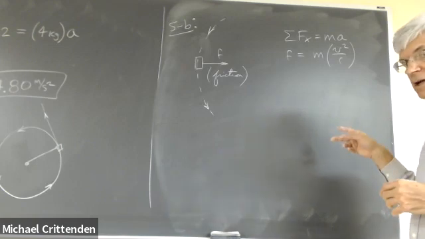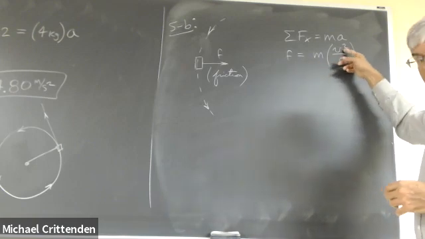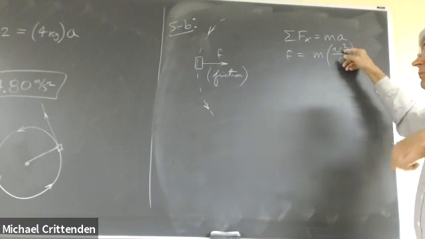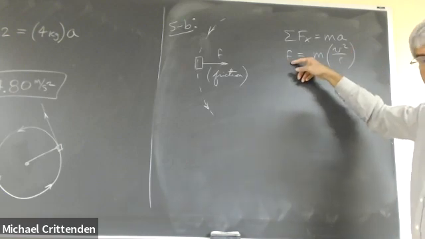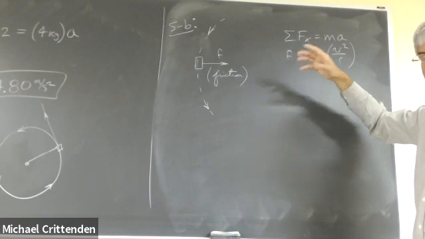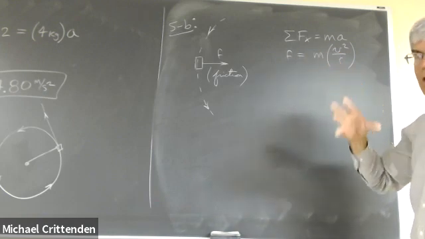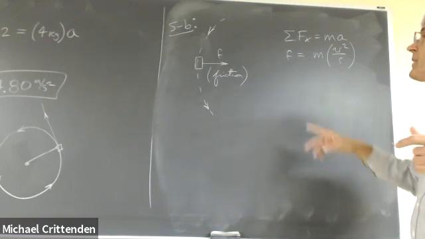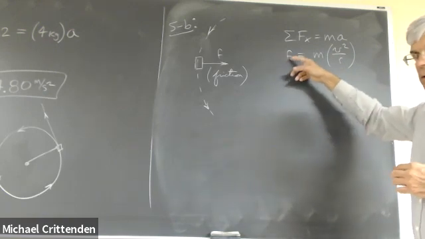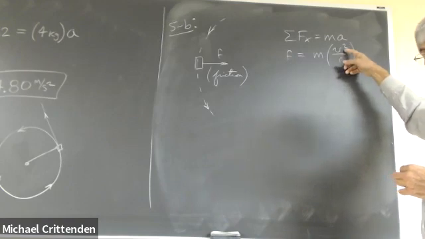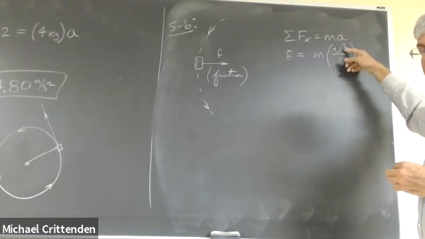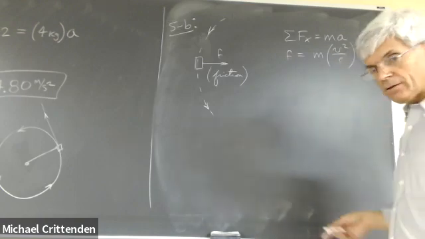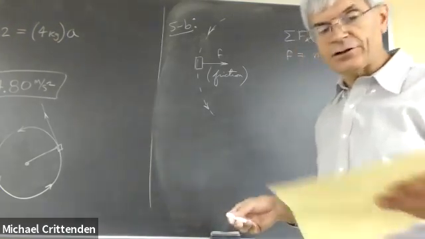That's what friction provides. Well, we obviously can't go on like this forever. You can't keep saying, well, at an even higher speed, it'll provide an even higher force. There's a limit to that. There's a certain maximum force that static friction can provide, and that maximum force would correspond to the maximum speed that you can drive around this curve without skidding, because if you're skidding, that's kinetic friction.